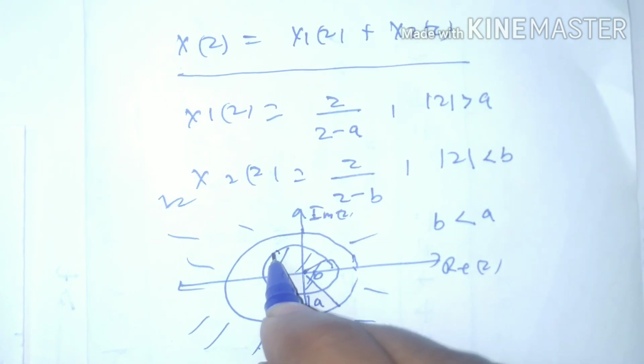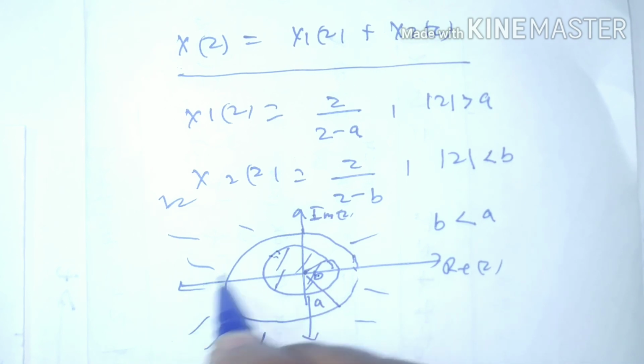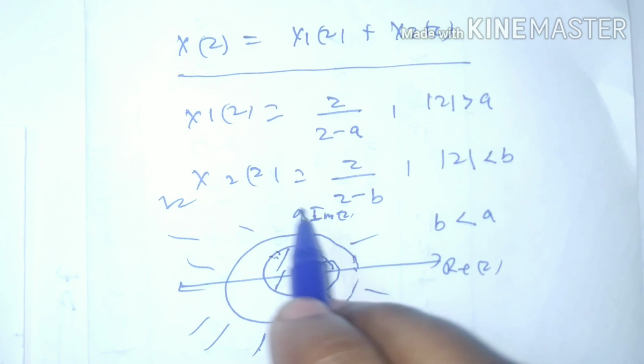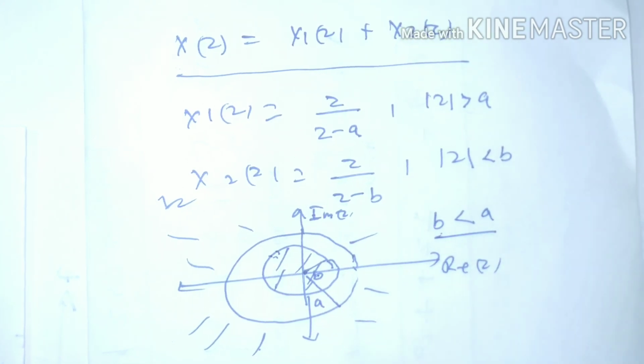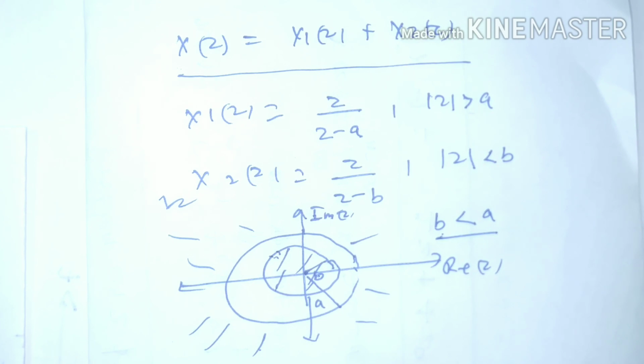Here the ROC is inside the circle and here the ROC is outside the circle, so there is no intersection between these signals. In this condition the Z transform will not exist.